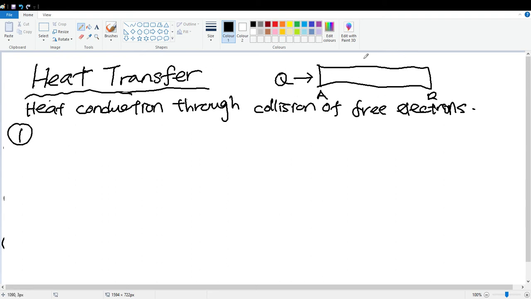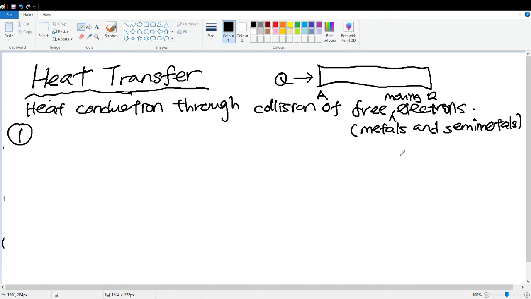Let's say this is my metal rod, and note that free moving electrons only exist in metals and semimetals.